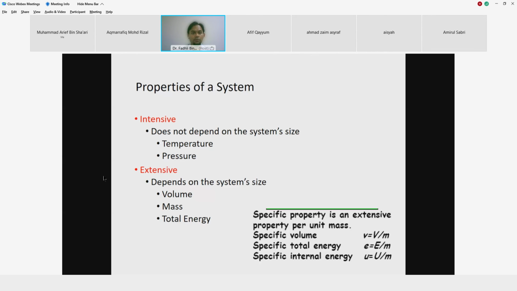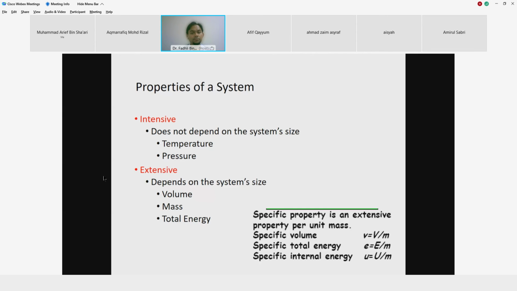So for our system, they have their own properties. Properties here means the pressure, the volume of our room, the mass of our system, the energy inside our system. All of these are the properties of our system.